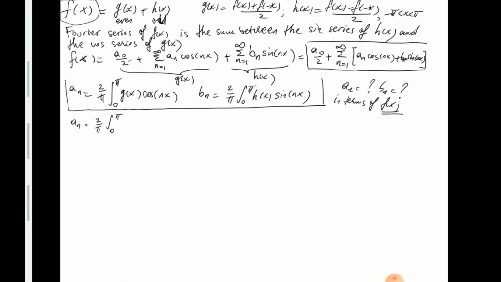We're going to replace g of x with its version in terms of f of x. So g of x, remember, is 1/2 times f of x plus f of minus x, times cosine of nx dx.